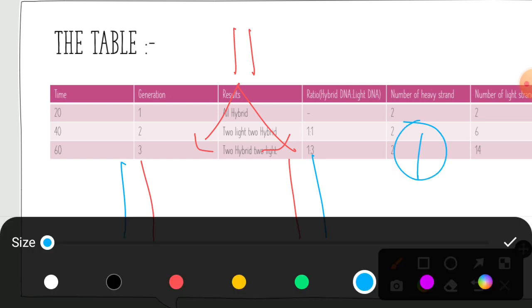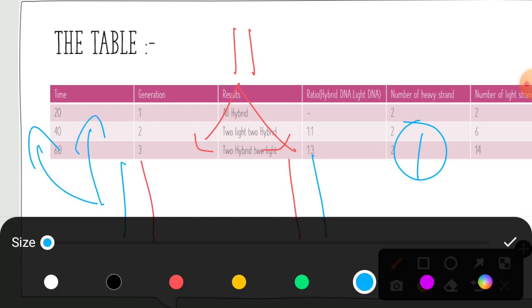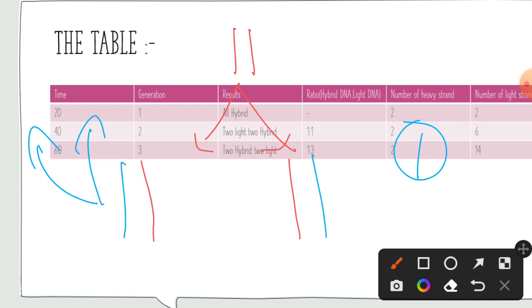Then after the second generation, we will get 2 DNA from this one, each having 1 hybrid and 1 light, and here we will also get 1 light, 1 hybrid, right? So that means 2 hybrid, 2 light. That means the result of the second one I have written wrong.